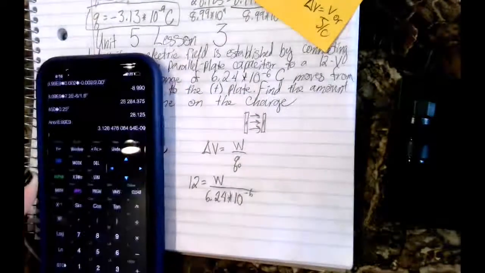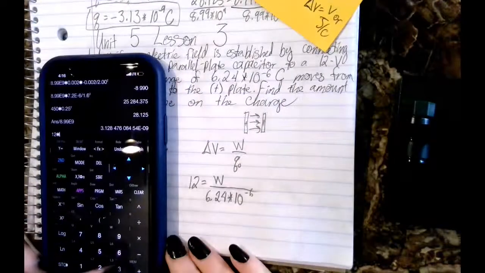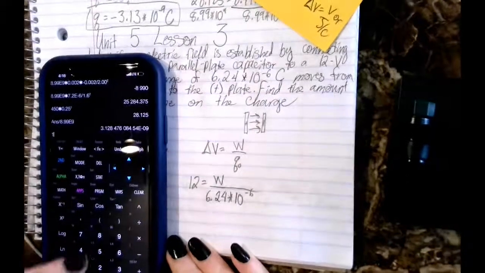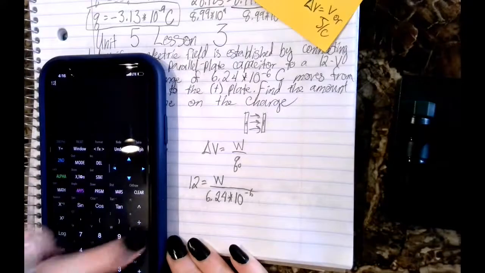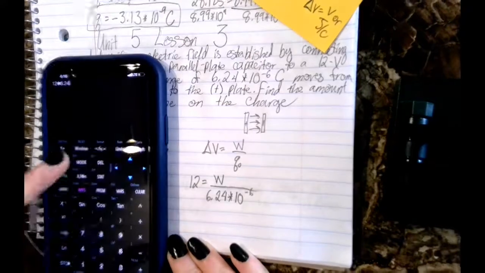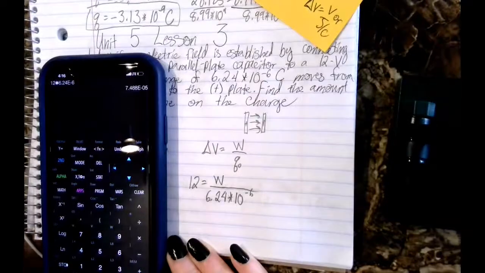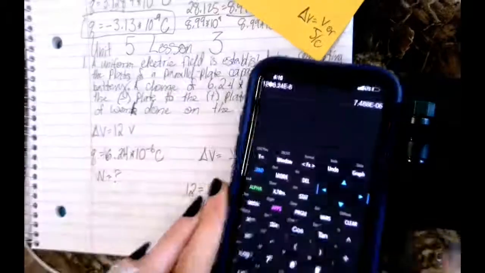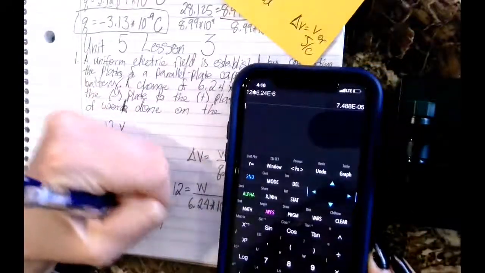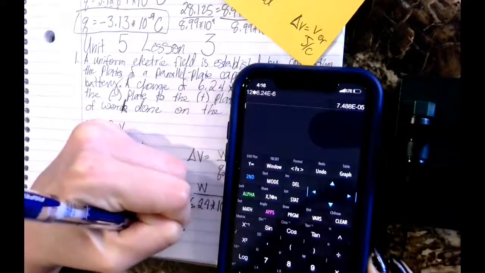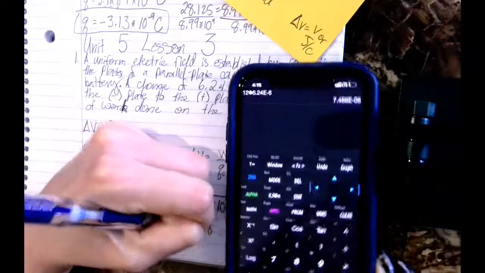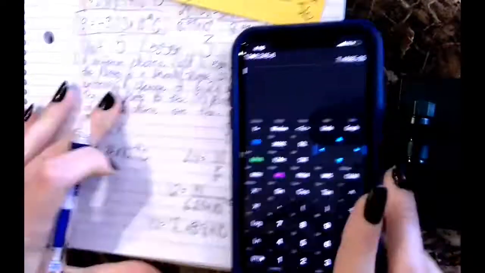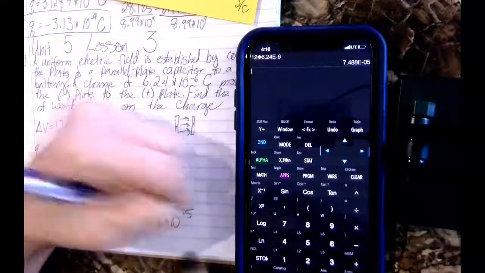Moving to my calculator, 12 times 6.24 times 10 to the negative 6. I am getting that the work done equals 7.488 times 10 to the negative 5.